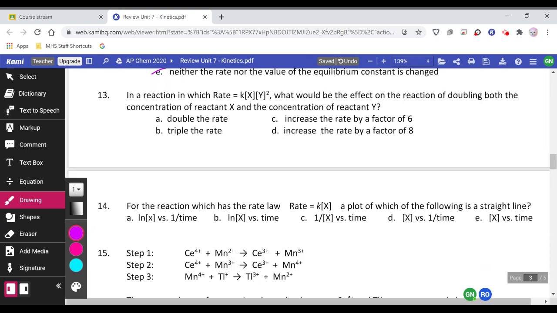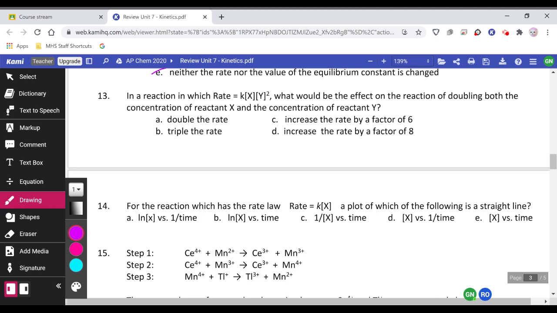On 13, in a reaction in which rate equals K times the concentration of X times the concentration of Y squared, what would be the effect on the reaction of doubling both the concentration of reactant X and the concentration of reactant Y? Look at X first, and what order is X? It's first, and so what effect on rate would X have just alone?